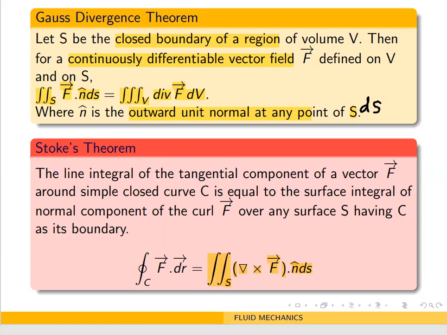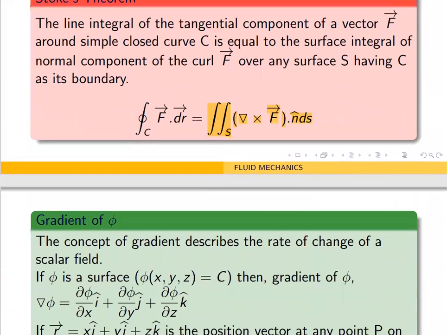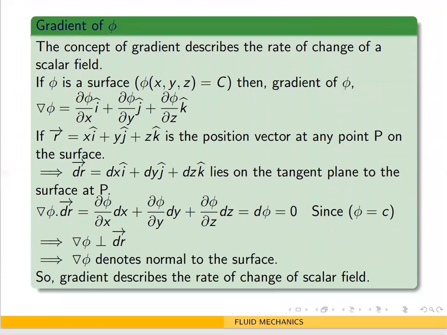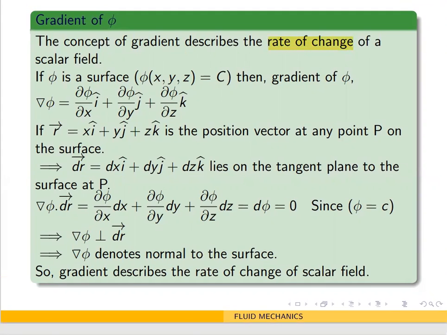Now, to study fluid mechanics, we need the gradient of a scalar field. Let us see what gradient actually represents. The concept of gradient describes the rate of change of a scalar field.